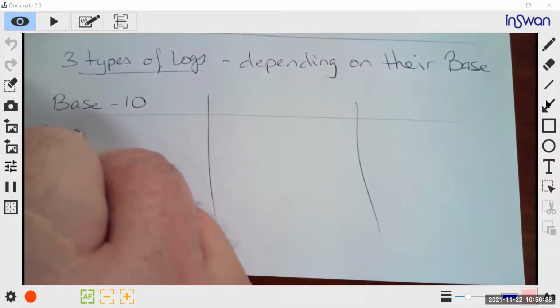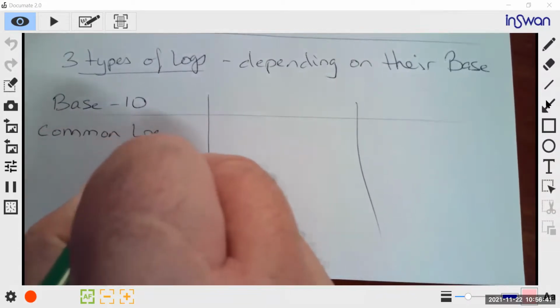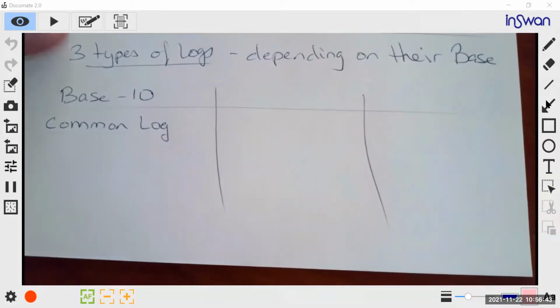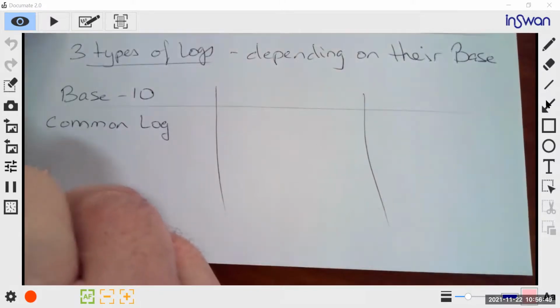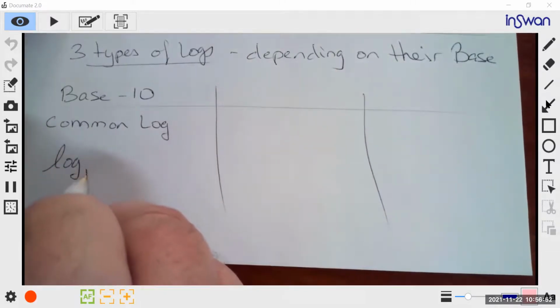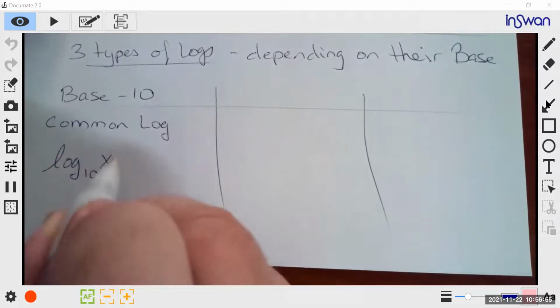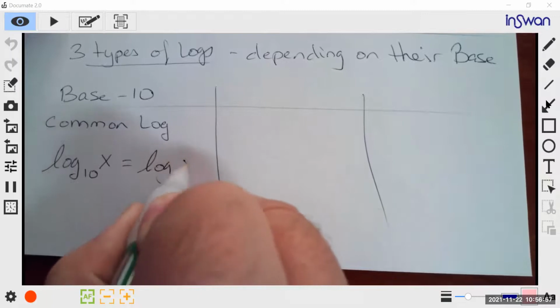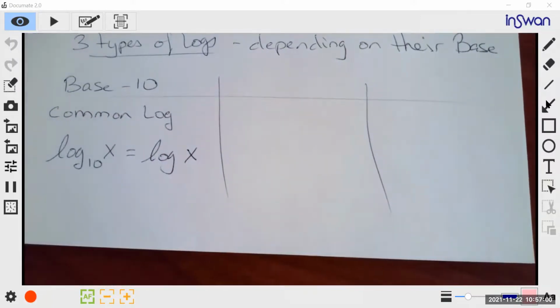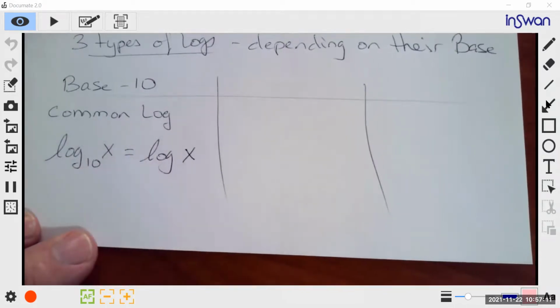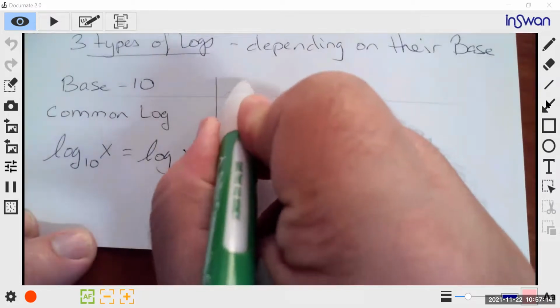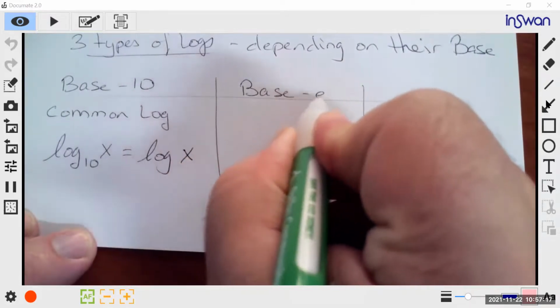Because it's what we use, we call this the common log because it's what we always use. So log base 10 of x is written log of x. If there's nothing down here, it's automatically base 10. Base E, Euler's number.